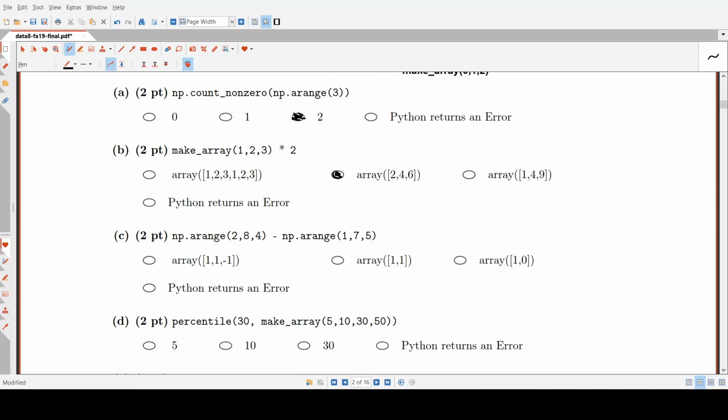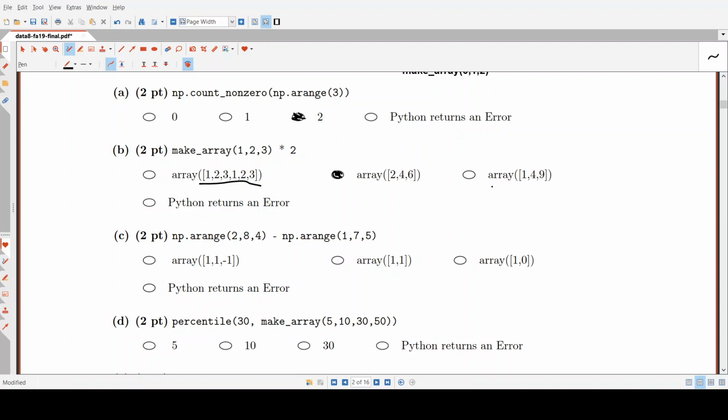If we take a look at the other answers real quick, array 1, 2, 3, 1, 2, 3 would be true if we were working with a Python list, where it'll repeat the elements, but in this case we're not. Remember that NumPy arrays do element-wise operations. Python lists will do something like this.